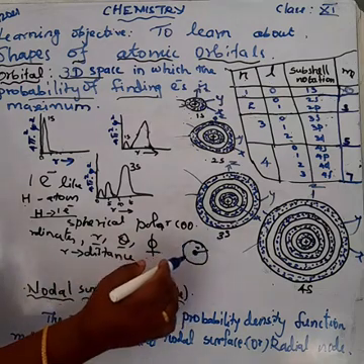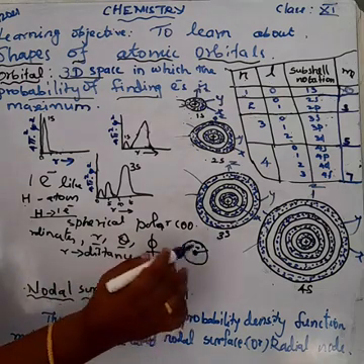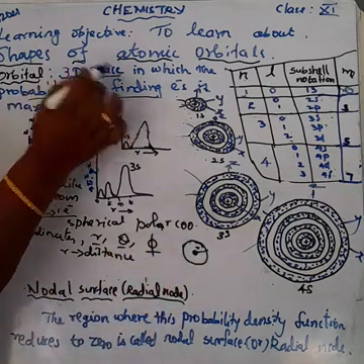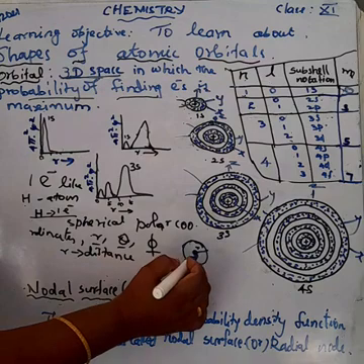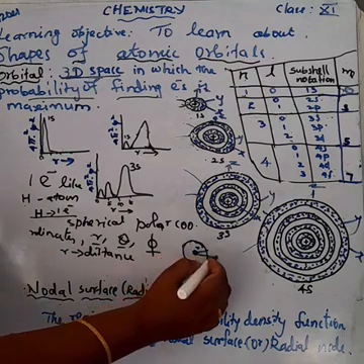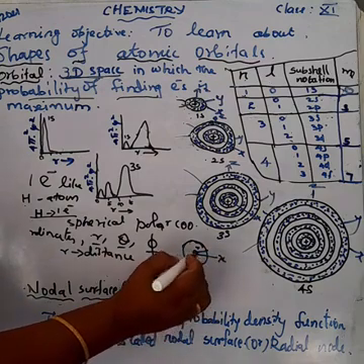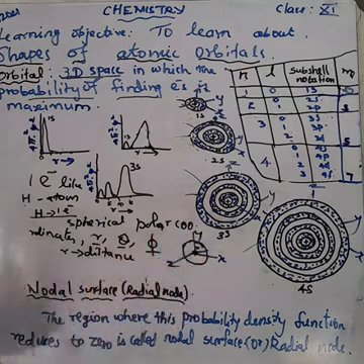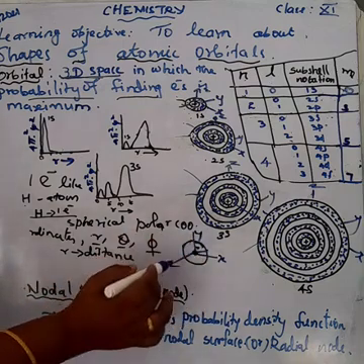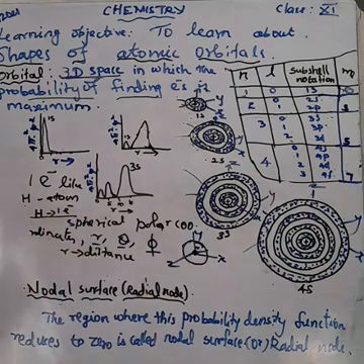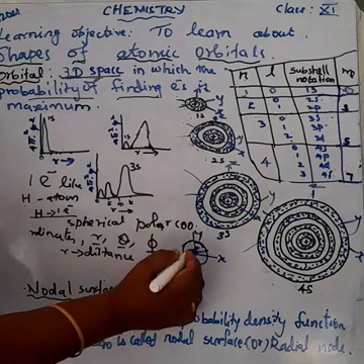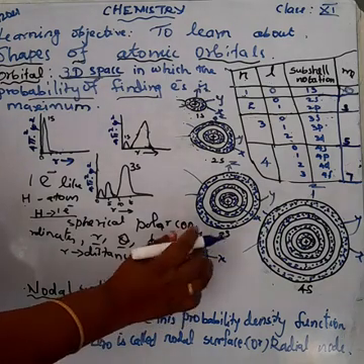The orbitals exist in three-dimensional space, which we can represent with x, y and z directions. The distance between the center of the nucleus and the maximum probability of the electron is called r.